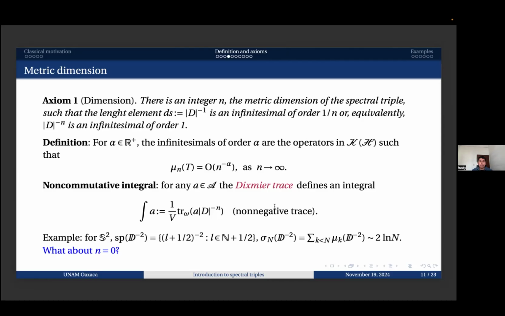This integer, in the classical case, coincides with the dimension for the canonical spectral triple.